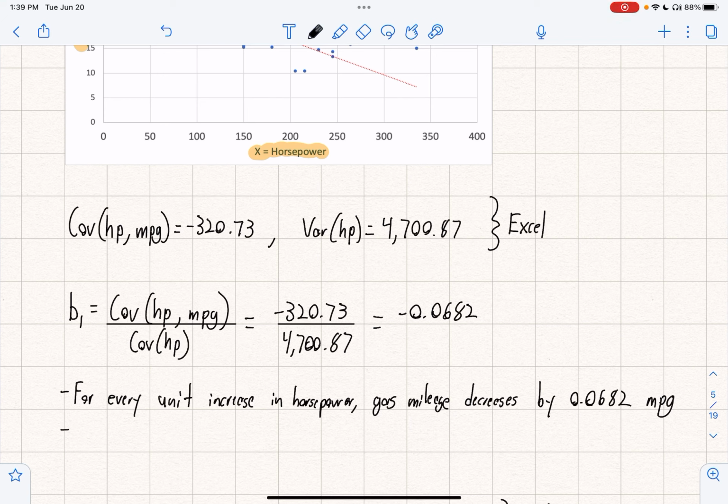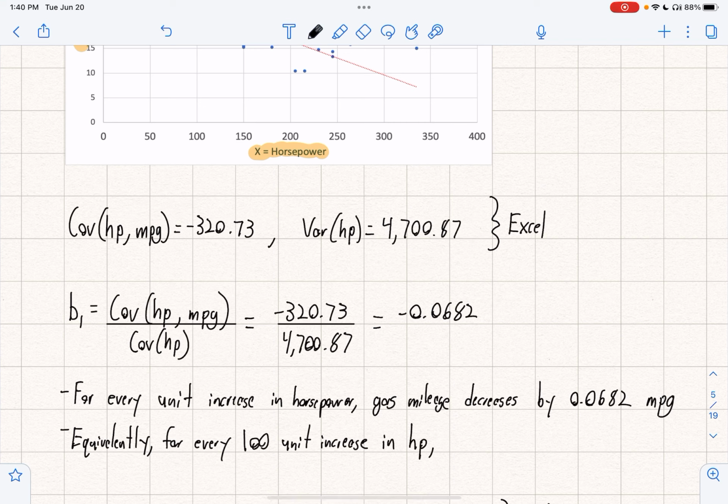So let's say equivalently, for every 100 unit increase in horsepower, gas mileage decreases by 6.82 miles per gallon.